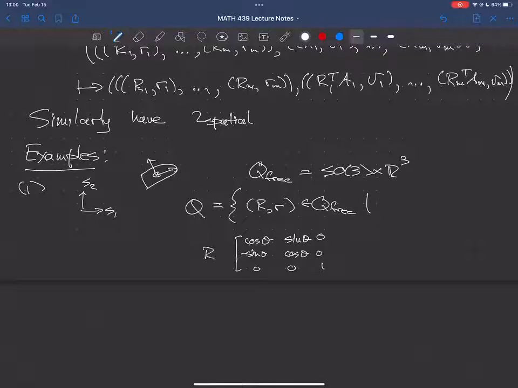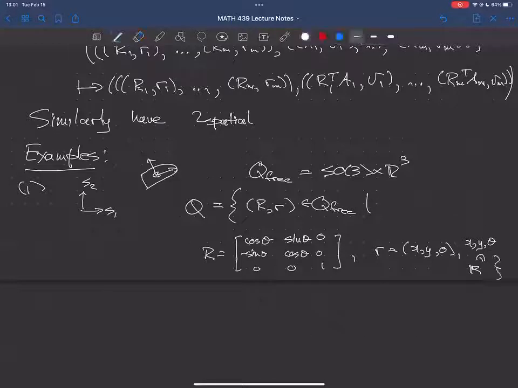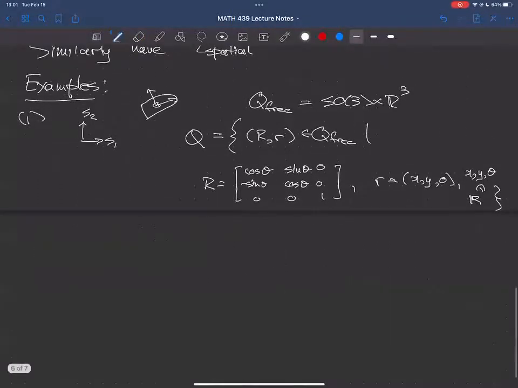So R looked like that, and little r looked like that. And x, y, theta were arbitrary reals here. Okay, good. So that's what Q looks like.